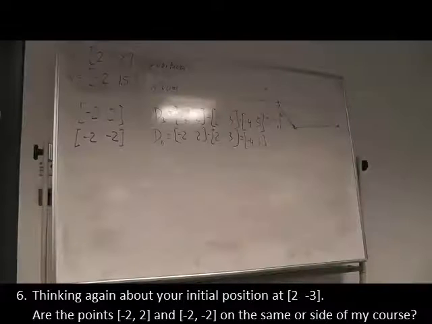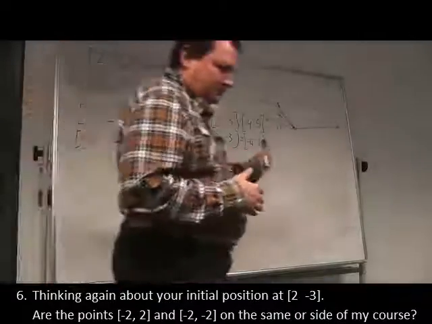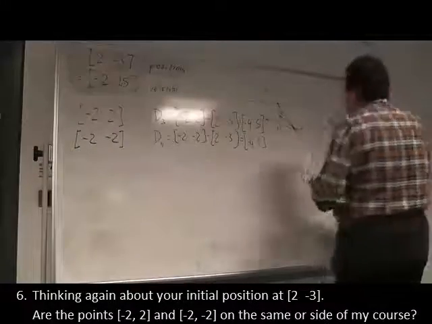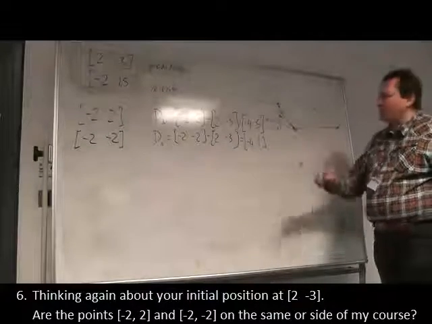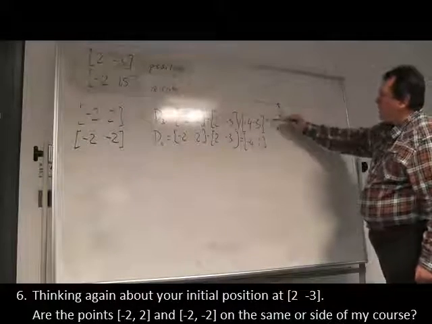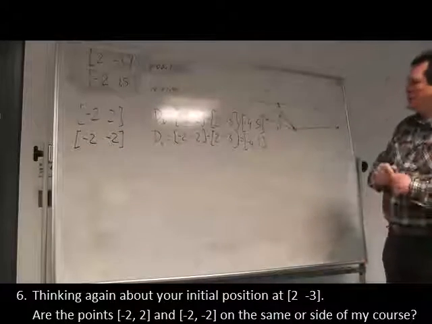To find out which side of the course, left or right, it is, we have to again calculate a product, but this time it will be a cross product of velocity and each of these displacement vectors.